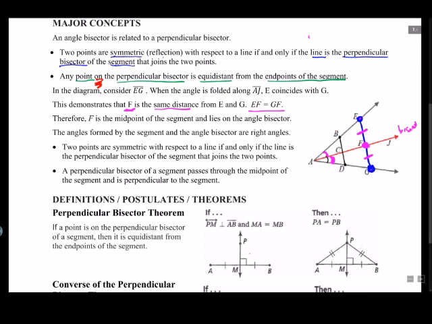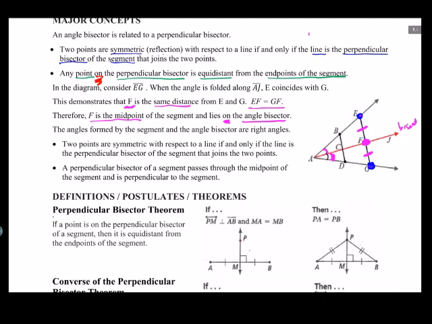If those 2 pieces are congruent, F is the midpoint of the segment, and it is also on the angle bisector. A big idea here is that the angles formed by our segment EG and our angle bisector ray AJ are going to be right angles.